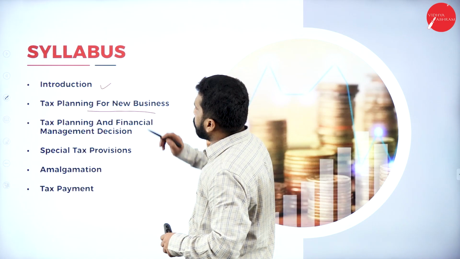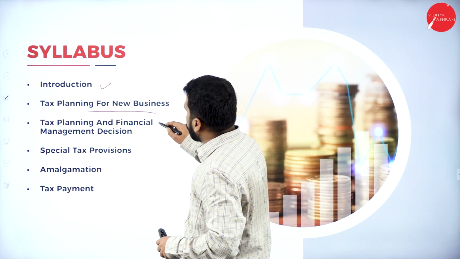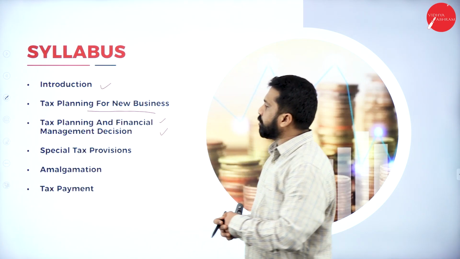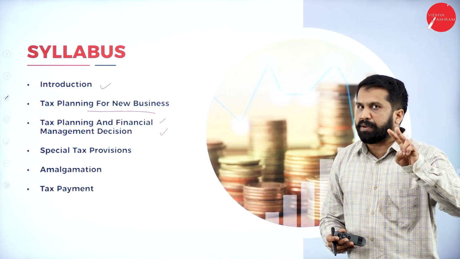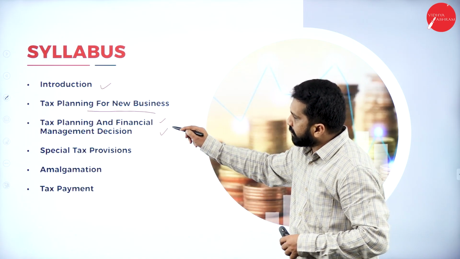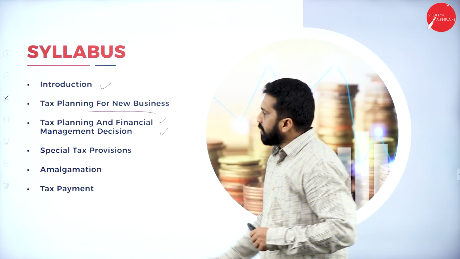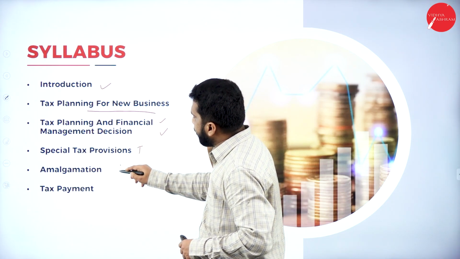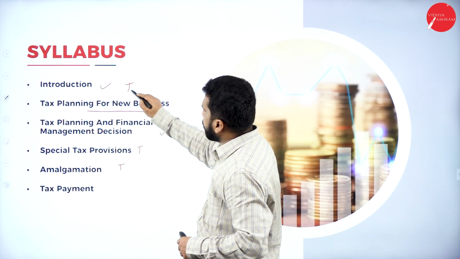Once you're done with this, here we have 2 topics: tax planning of financial decisions or management decisions. You have 2 topics which are covered under this unit. Then, special tax provisions, amalgamation, all theory oriented.